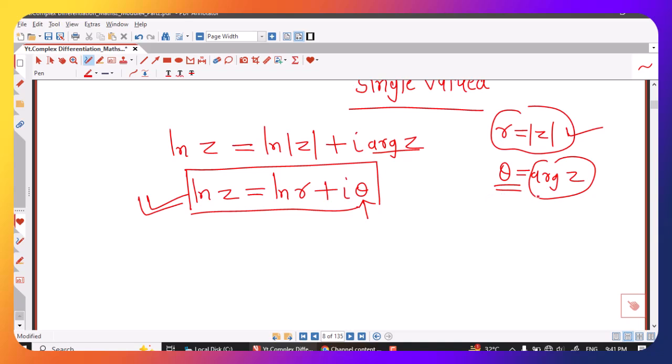Because of the infinite number of possible values of the argument of z, this function is multi-valued. So if we can restrict the value of theta in such a way that the argument becomes unique, that is, if theta is restricted between two real numbers so that we have only one value for the argument of z.